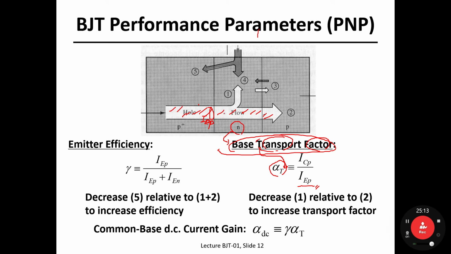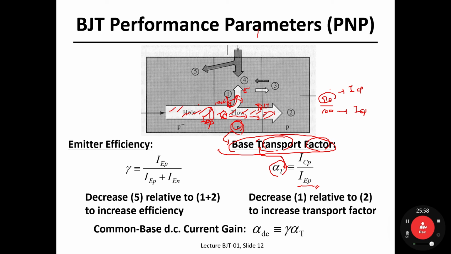And while these holes are diffusing from emitter to collector, part of the holes are recombined with electrons in this base material, so that say 100 holes are injected into the base and 90 holes arrive in the collector side. In other words, 10 out of 100 have been lost, recombined with electrons. So this 90 indicates the I sub CP, and this 100 indicates I sub EP.